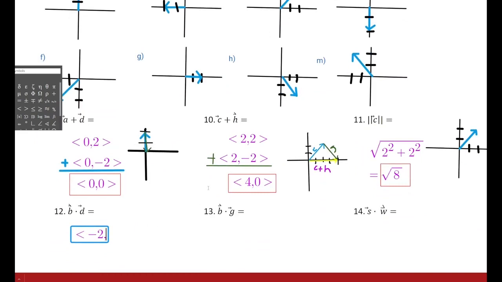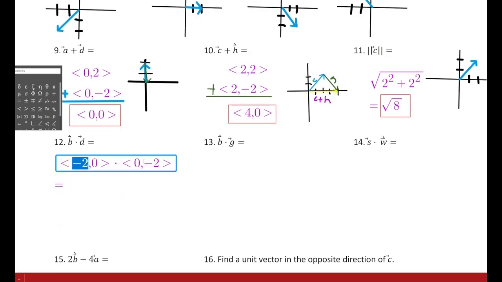So we've got <-2, 0> dot, and then D is <0, -2>. Like I was saying, we're going to multiply the corresponding components.